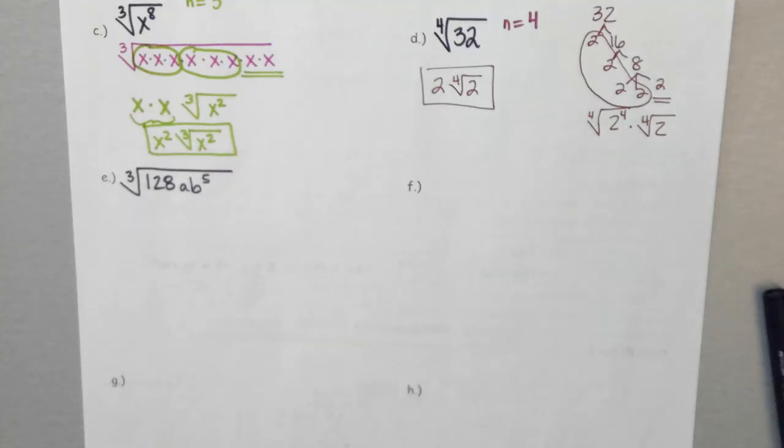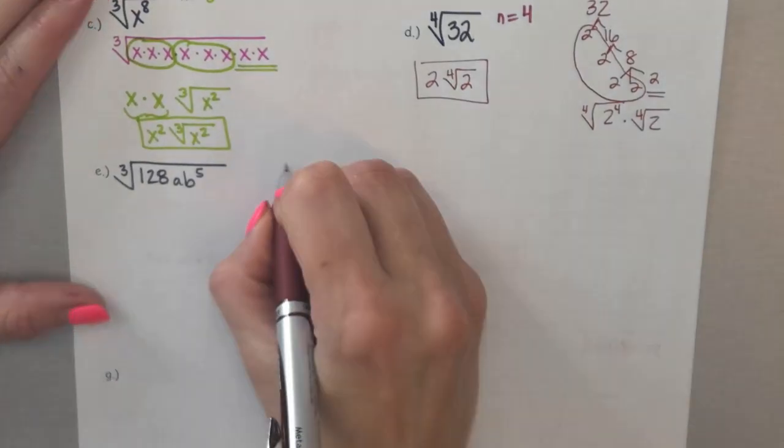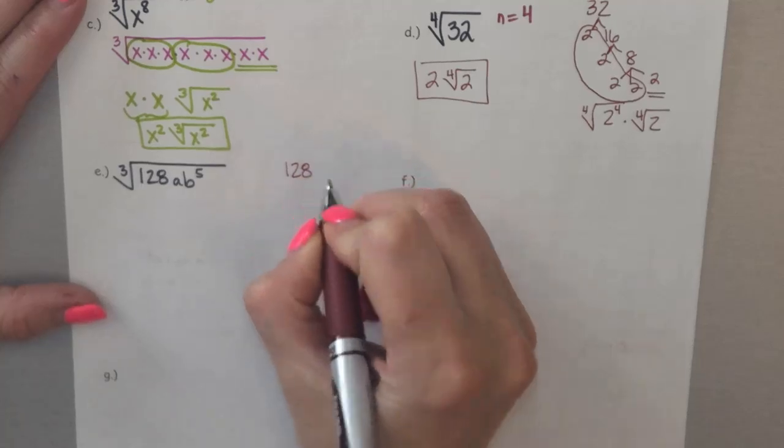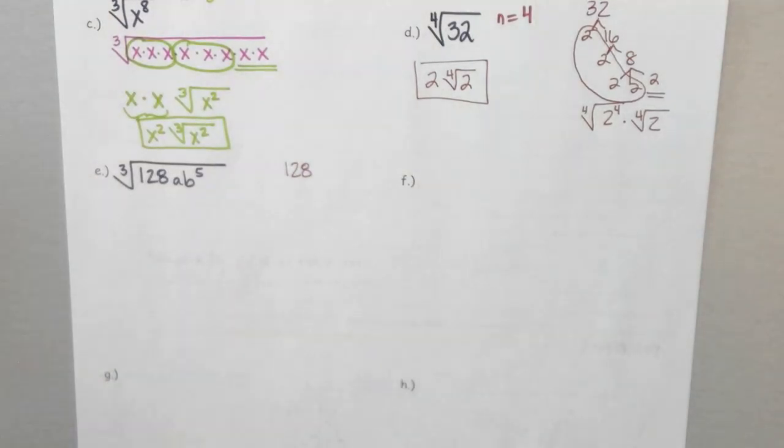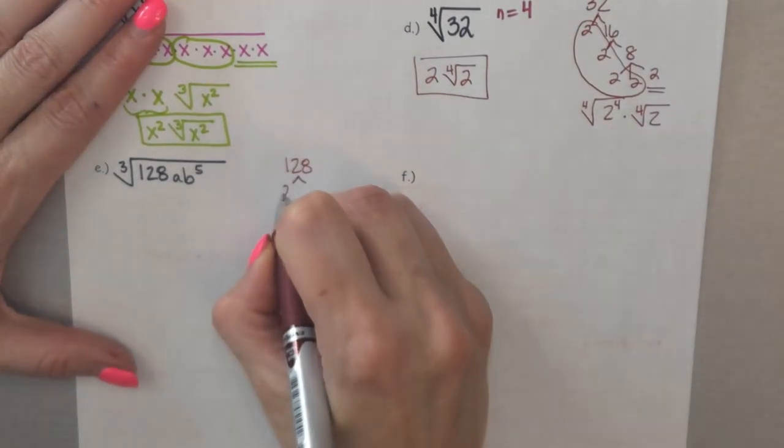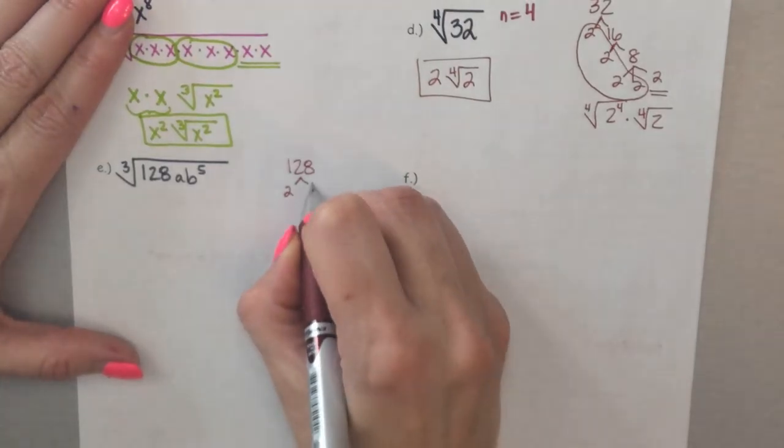So if you haven't started already, we should be starting that factor tree. Okay, this would be one where it's even, so I would start by cutting it in half. Half of 128 is 64.